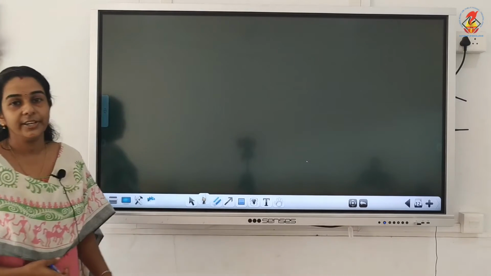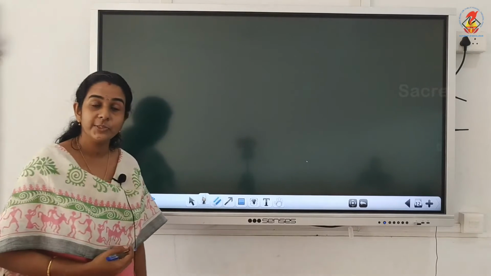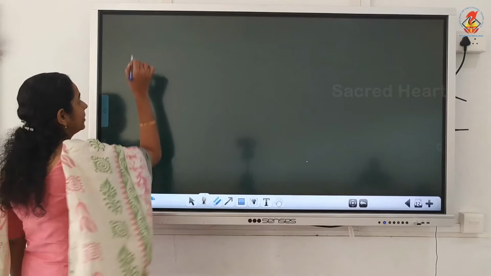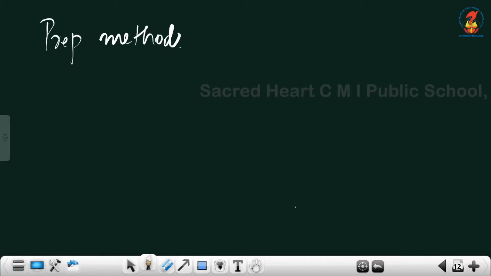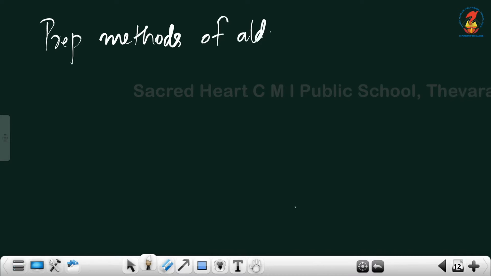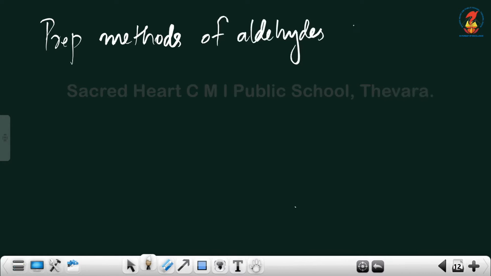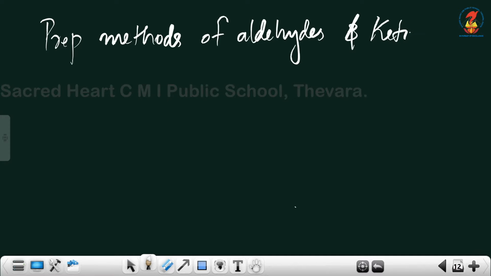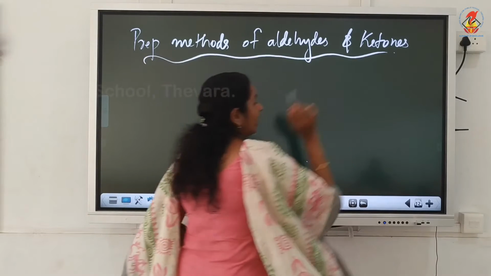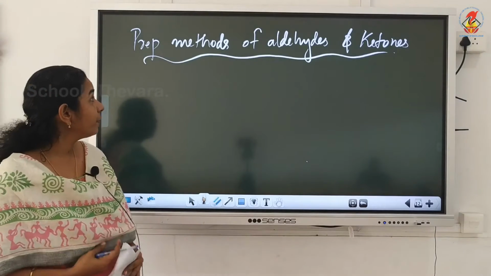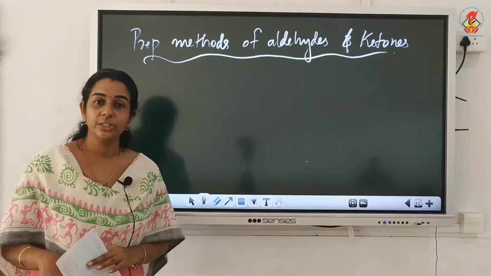Next, we are going to study the preparation methods of aldehydes and ketones. What do you mean by preparation methods of aldehydes and ketones?